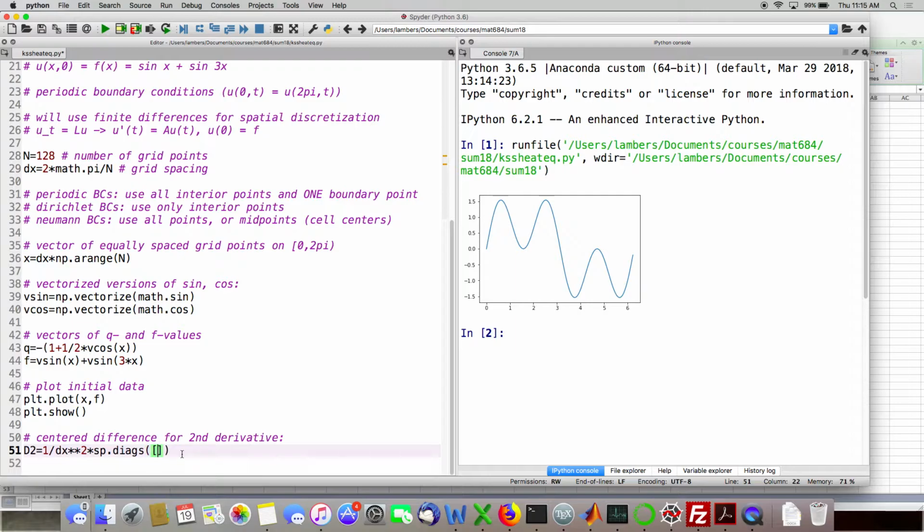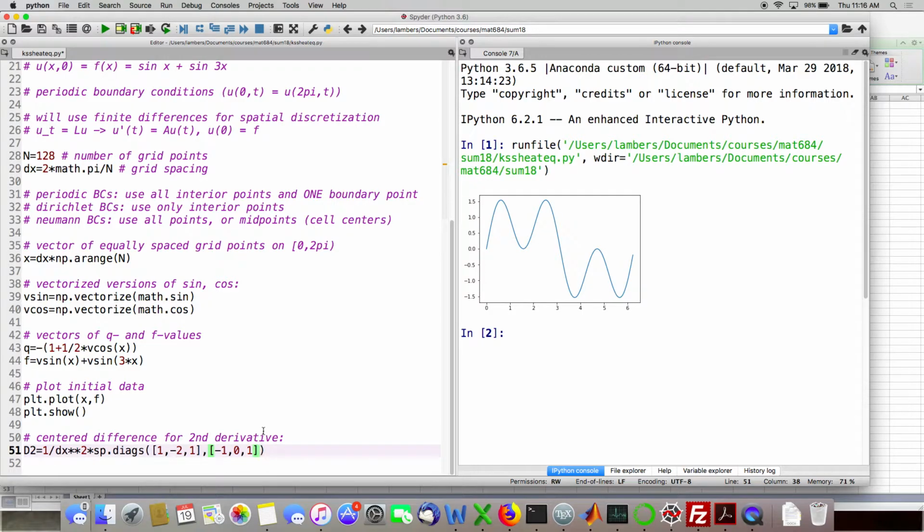And we've done this before, so there'll be 1, minus 2, and 1 along the diagonals. So then minus 1, 0, 1. This says 1's on the subdiagonal, which is diagonal minus 1, minus 2's in the main diagonal, and then 1's on the first diagonal, that's the superdiagonal.